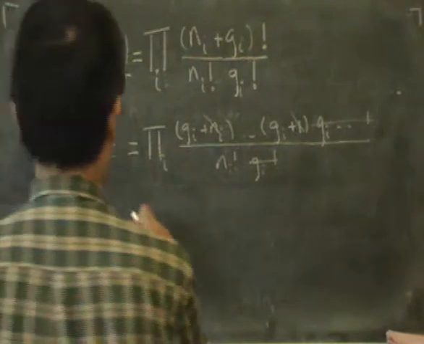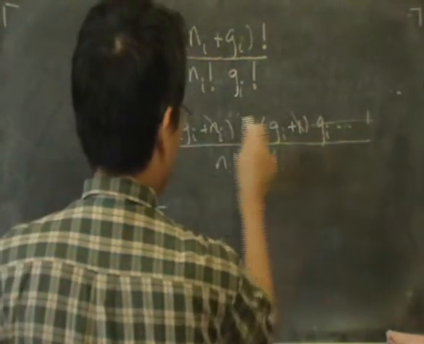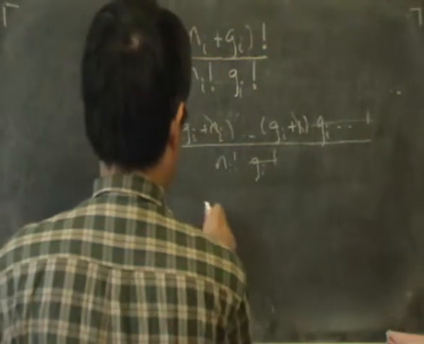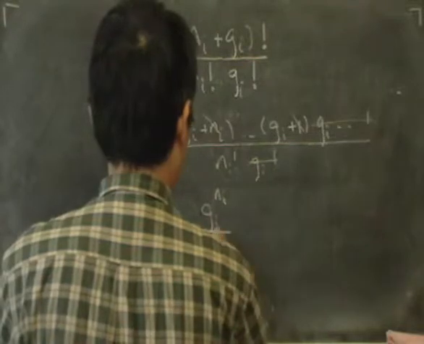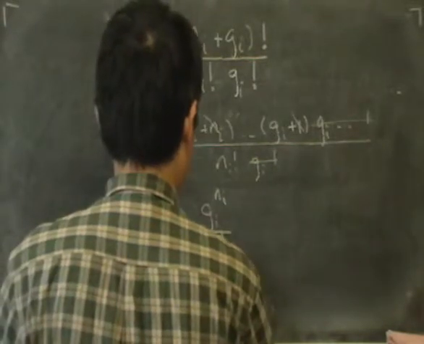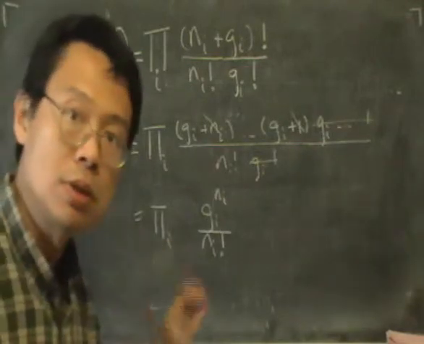So what I have, therefore, is ni factors of this gi. So I have gi to the power of ni over ni factorial. So this is a lot simpler now, and I can now differentiate this.